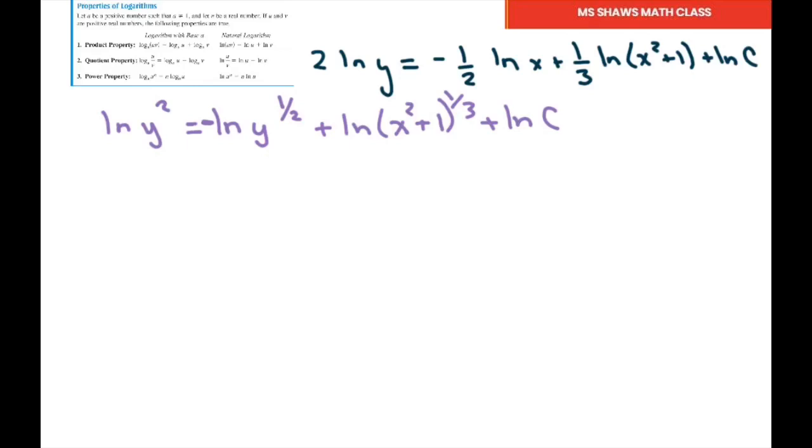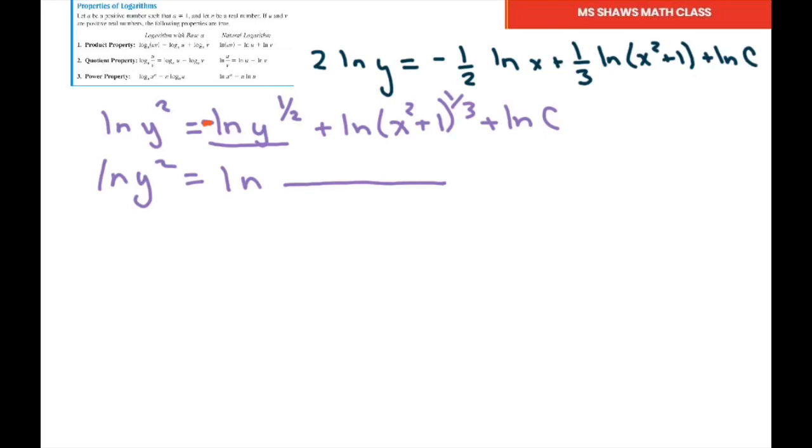Alright, so when we simplify this, so we have ln of y squared equals, now let's condense this. Since that's negative, that means it goes in the denominator. If it's negative in front, it means it goes in the denominator.